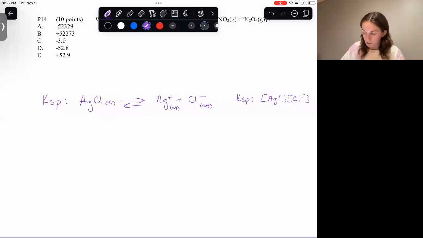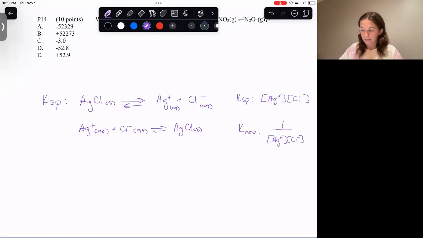The reverse of that would be if Ag plus and Cl minus form AgCl solid. Now it's not necessarily KSP because it's the solubility product. Now your K new, we'll call it, is 1 over Ag plus times Cl minus, because we're not going to include that solid. So to go from KSP to K new, we had to do KSP to the -1 power.